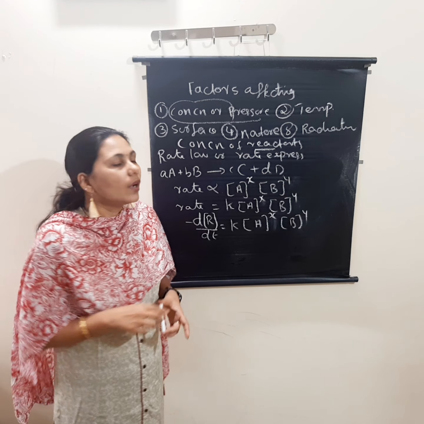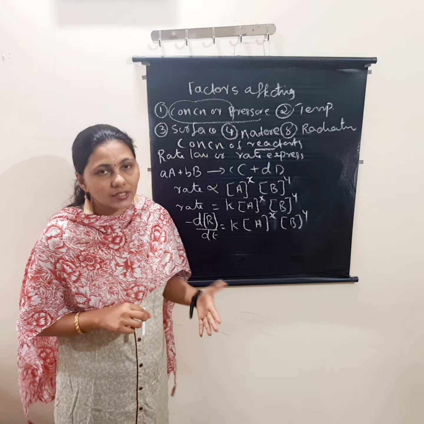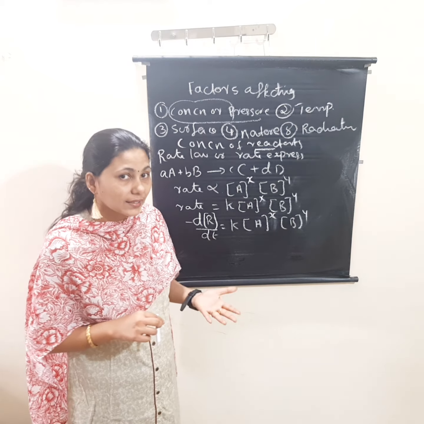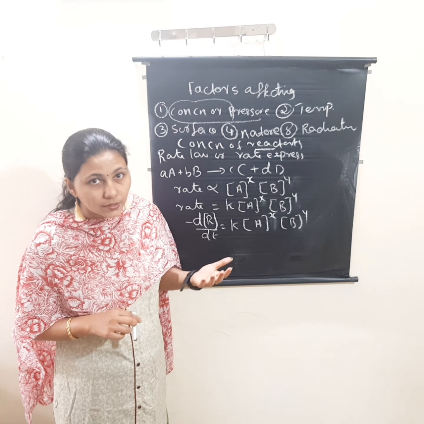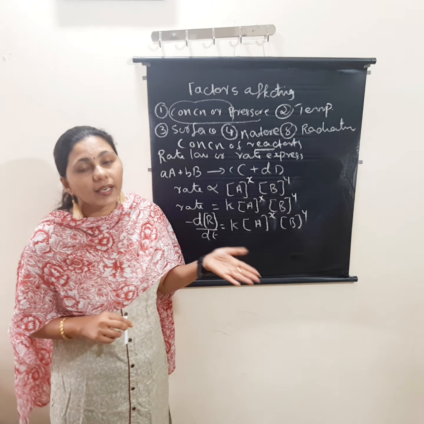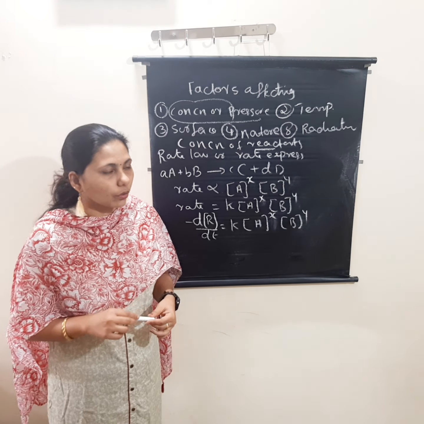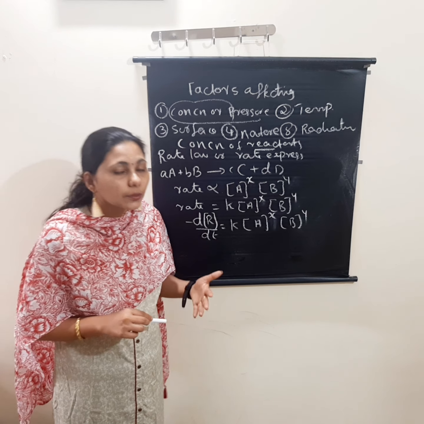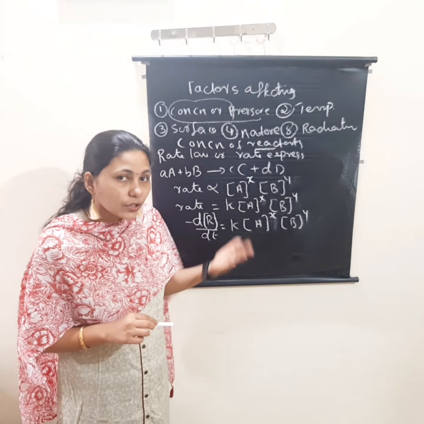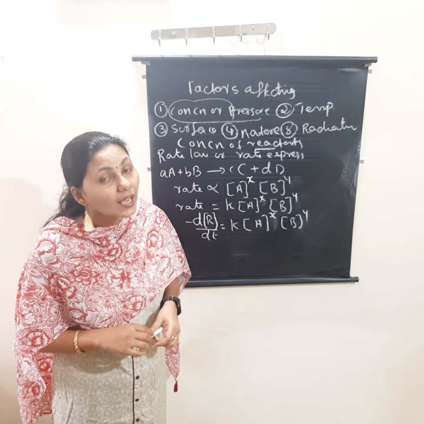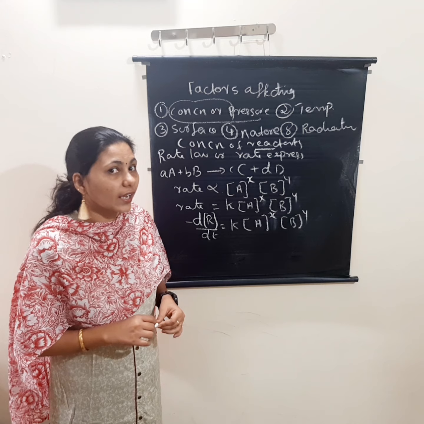Okay, so the rate of a reaction is proportional to the molar concentration of the reactants raised to some powers, or raised to some exponents. Those exponents are experimentally determined. So the expression which gives the relationship between rate of the reaction and the concentration of the reactants is known as rate law or rate expression.